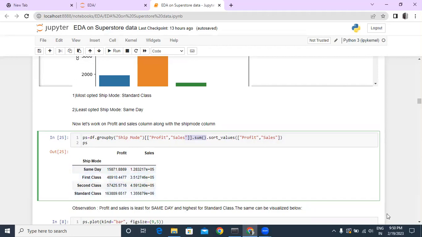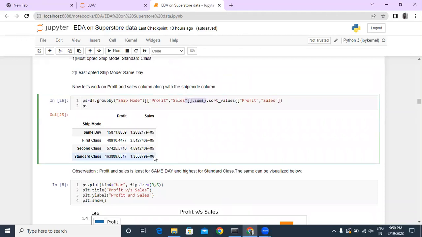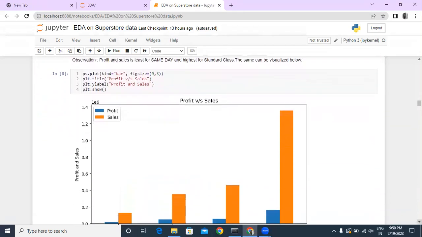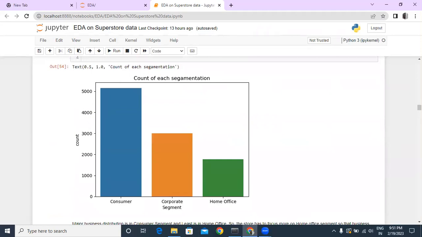So we can see profit and sales is least for the same day, and highest is for the standard class. And this can also be visualized using the graph below. So we have plotted the bar graph, and we can clearly see over here that standard class has the highest and same day has the lowest.